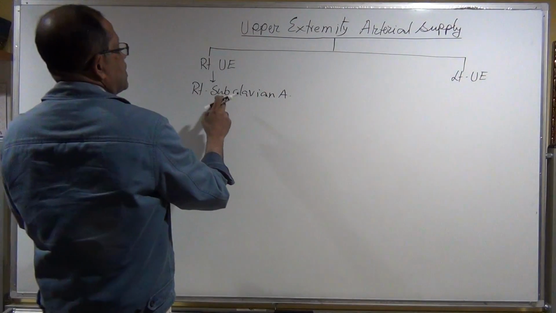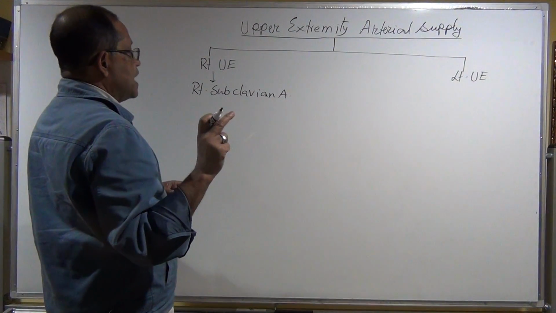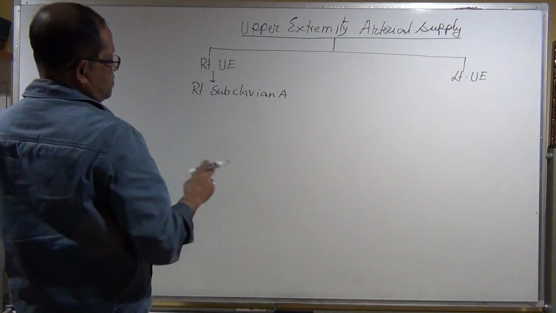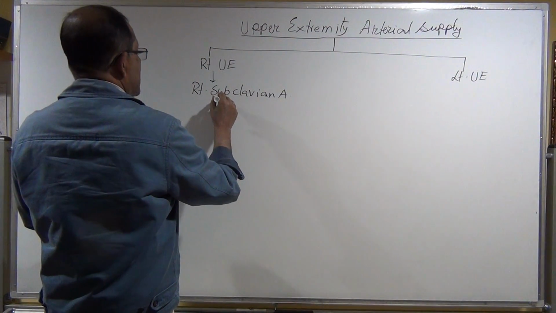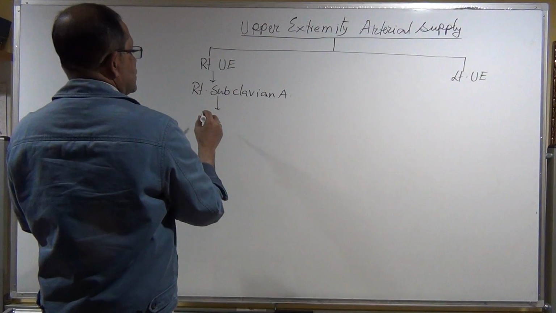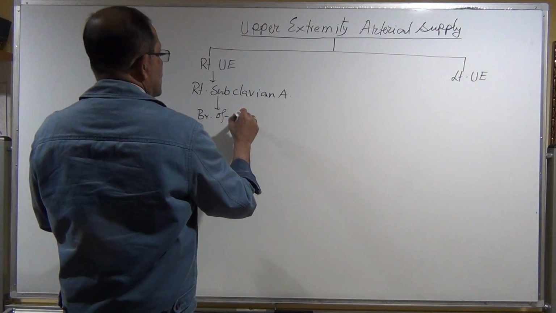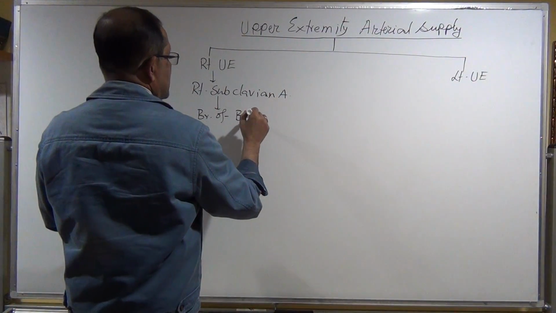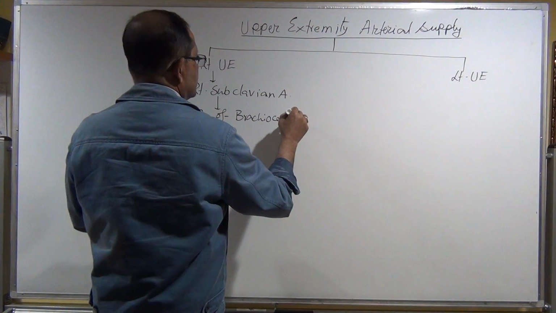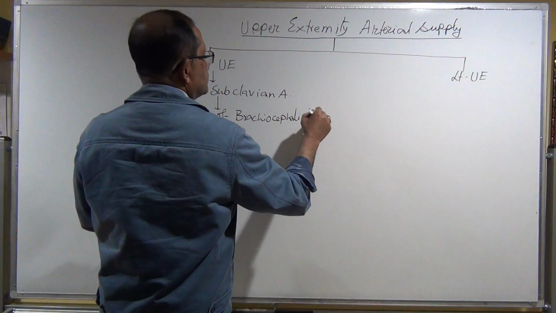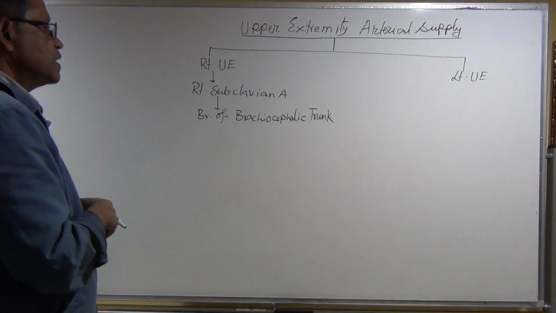This right subclavian artery is the major source of the right upper extremity arterial supply, but this subclavian artery is a branch of the brachiocephalic trunk.